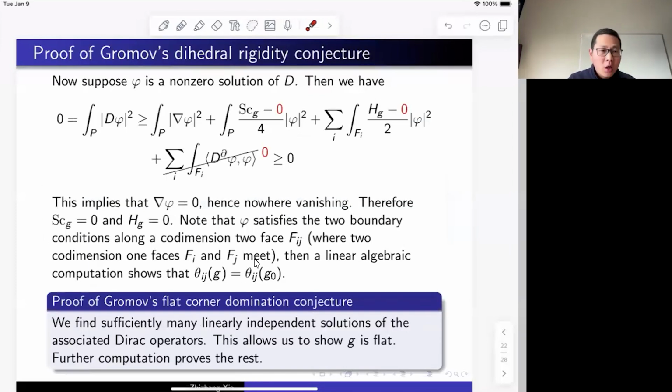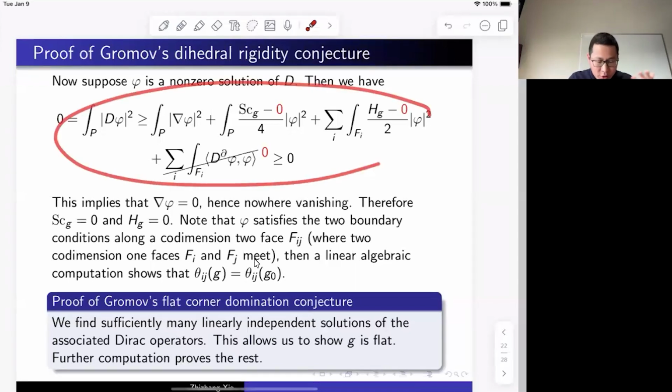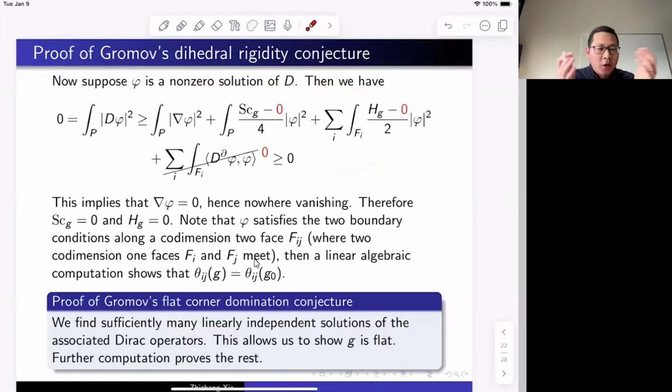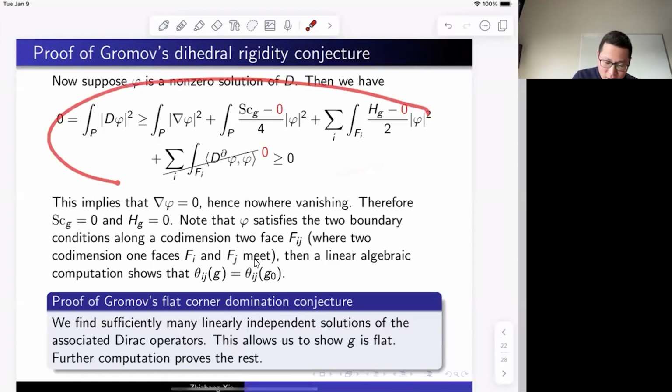Okay, so once you have this solution, it's not so difficult. By using the standard Bochner, Lichnerowicz, Weitzenböck, Schrödinger type estimates, you will get an estimate like this, and you go through the computation and you will see that the scalar curvature is going to be the same, the mean curvature is going to be the same, and then with some further linear algebraic computation, you're going to have the dihedral angles the same.